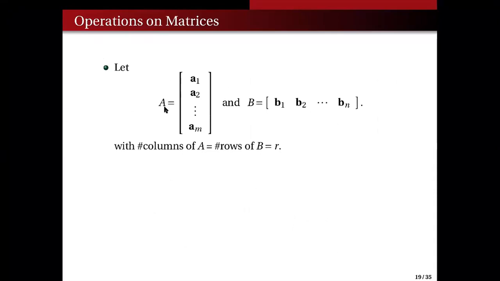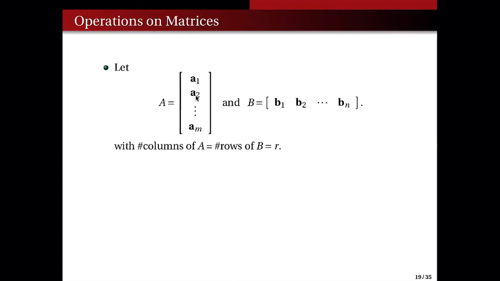So, suppose we have here A. It's written this way. Take note, boldface A, entries of capital A. Meaning, this A here is a row vector.